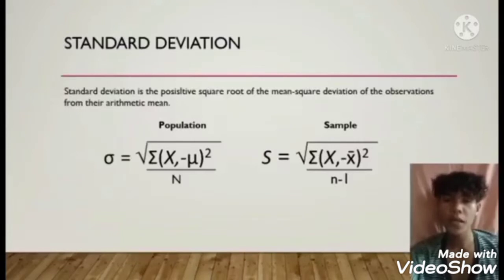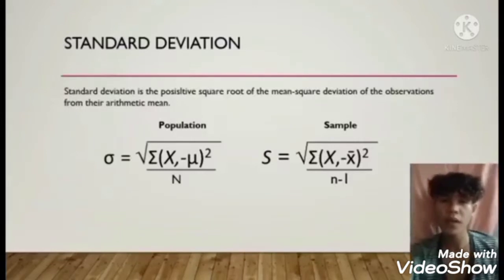S, which is the standard deviation, is equal to the square root of the sum of all the differences between every point and the sample mean, squared, divided by n minus 1. In the other equation we have the population mean represented by mu, but this is the sample mean.